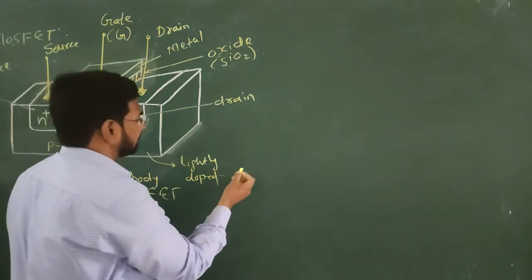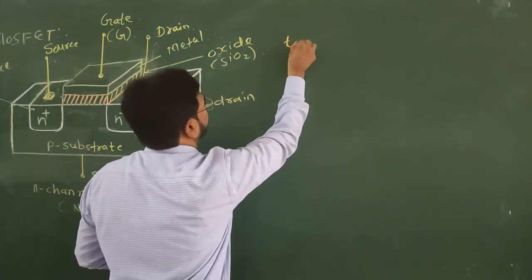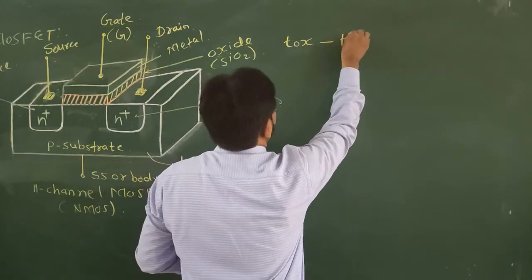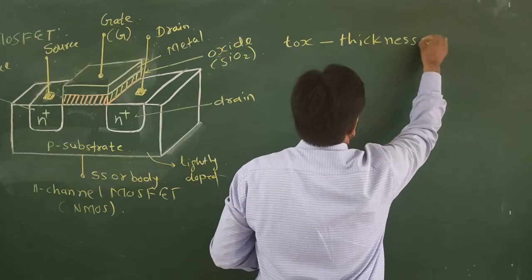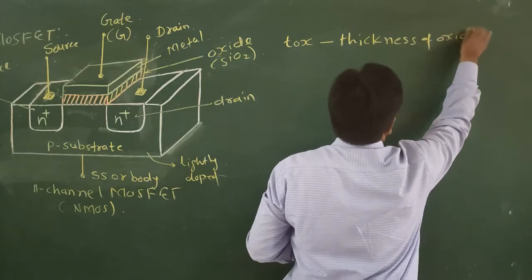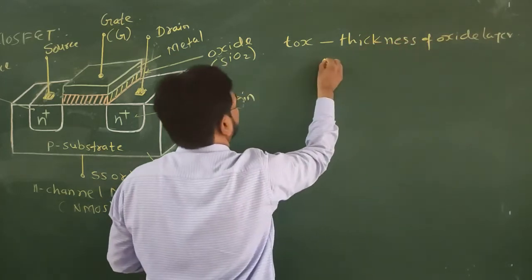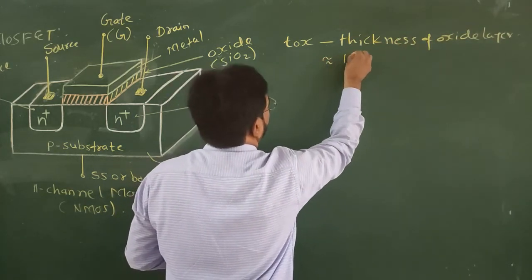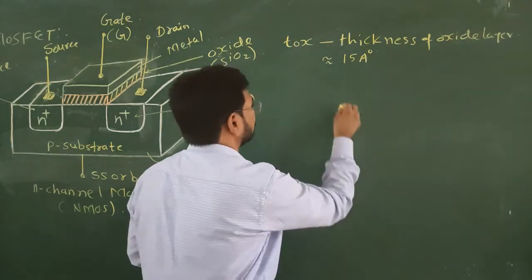What is the thickness of the oxide layer? Tox is the thickness of the oxide layer and it is approximately 15 angstrom. What is angstrom?